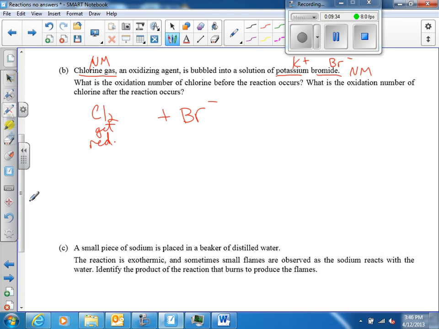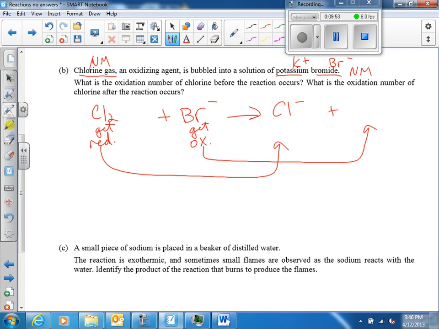So the bromide would get oxidized, and if chlorine gets reduced, reduction, we're going to gain electrons, it becomes Cl minus. The bromine gets oxidized, the charge has to increase, so we would go from Br -1 to 0.